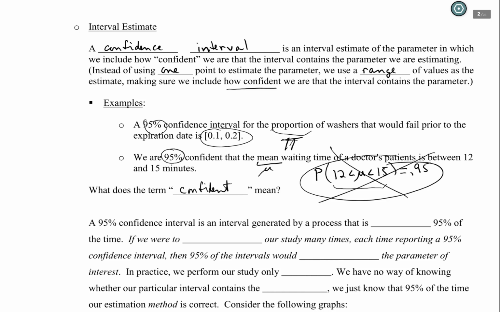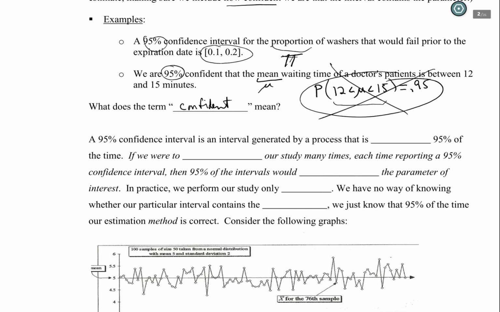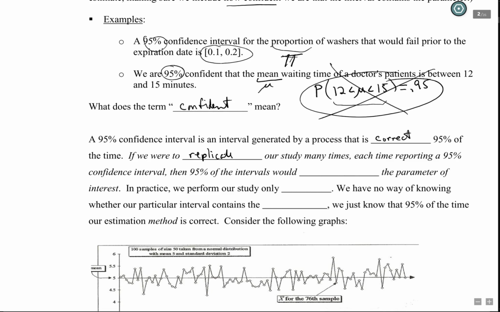So what do we mean by confident? Let's go back to this idea of a 95% confidence interval. That is an interval generated by a process that is correct 95% of the time. So if we were to replicate our study many times and each time report a 95% confidence interval, then 95% of the intervals would contain the parameter of interest.